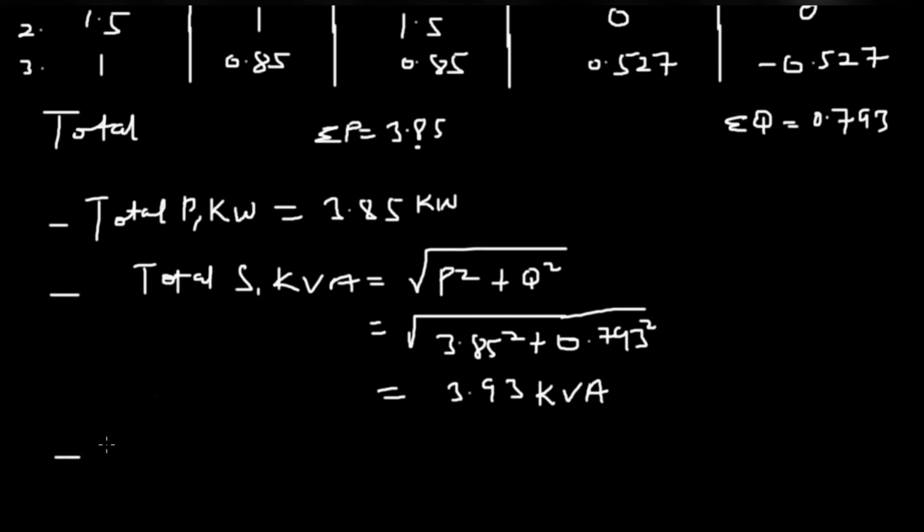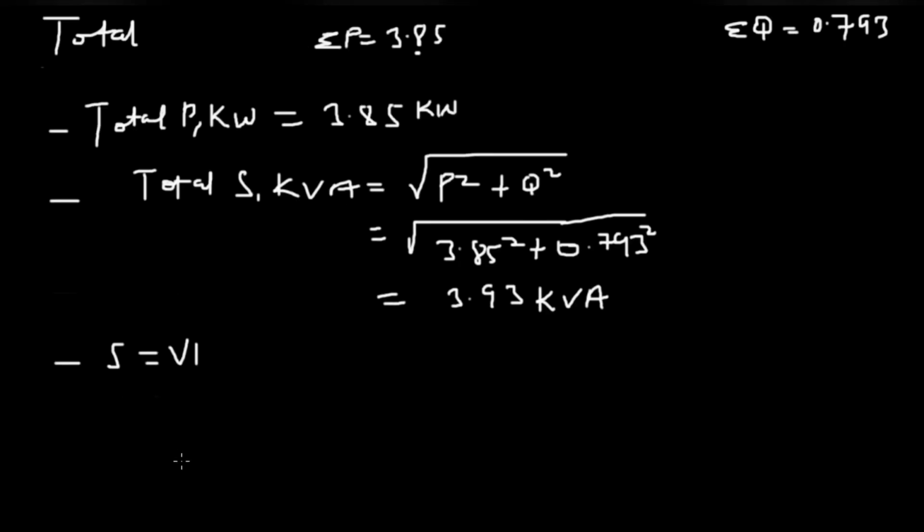Now let's proceed to find the current. Since we know that S is equal to VI, most definitely I is equal to S over V. Our S value is 3.93 kilo, so times 10 exponent 3, divided by our voltage, which was 240.